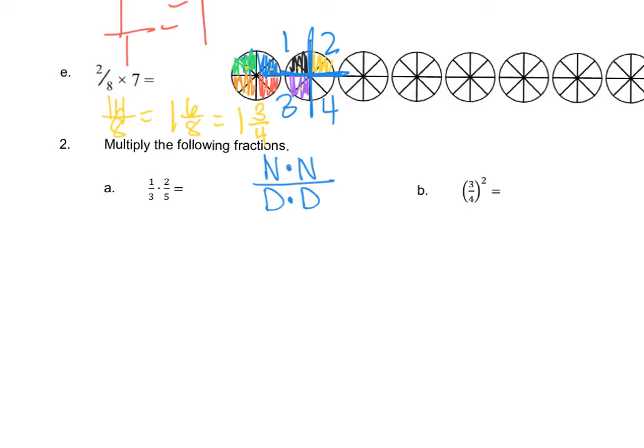This is something you have to remember, because it's a difference. It's a change. So with multiplication, you multiply the denominators. You do change the denominators, so the denominators do change.